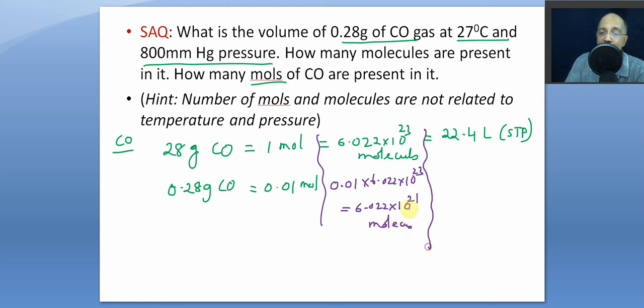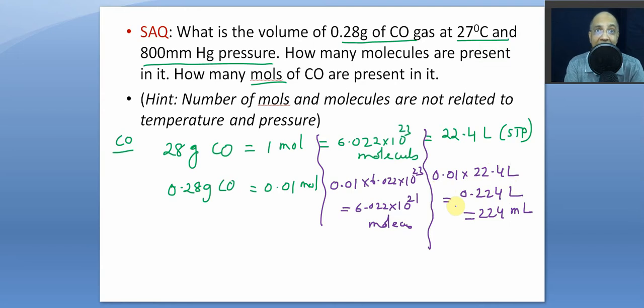And the volume at STP will be again 0.01 into 22.4 liters. That is 0.224 liters. That is 224 milliliters. While you finally express the answer, instead of 0.224 liter, you can express as 224 milliliters if you want, of course. But this is not the answer.